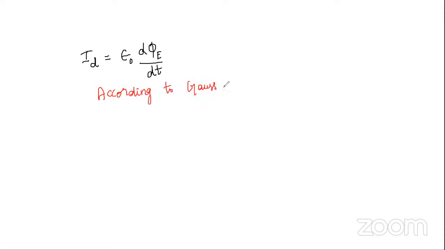So this ID is equal to epsilon naught into d phi e by dt. This electric flux, according to the Gauss law in electrostatics, is given by electric field multiplied by area.